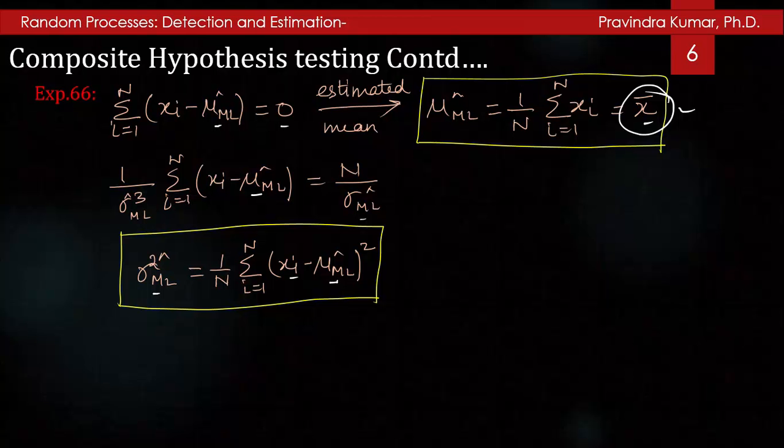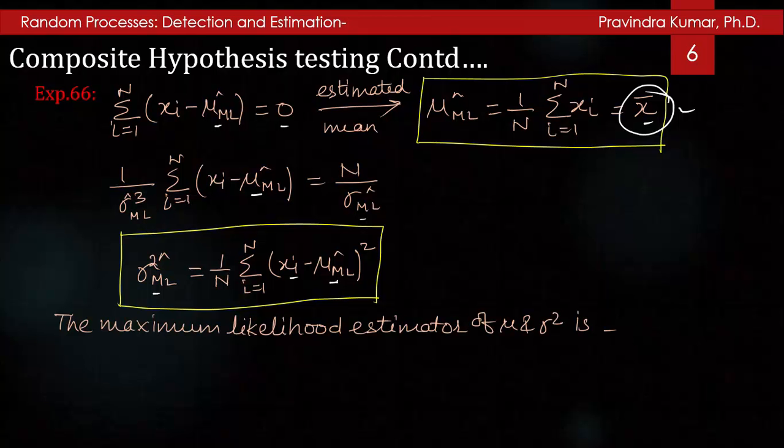So these two values are the estimated value of mean and variance, and these are values of the random variables. The maximum likelihood estimator of mu will be 1 by n summation i = 1 to n xi. Here it is the random variable, and this is the value of that random variable.